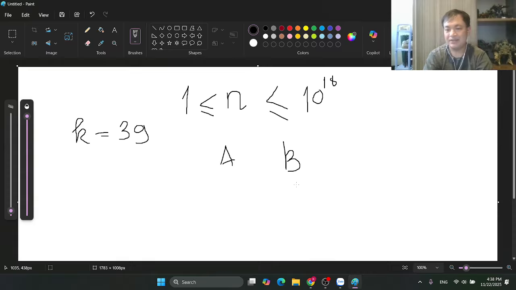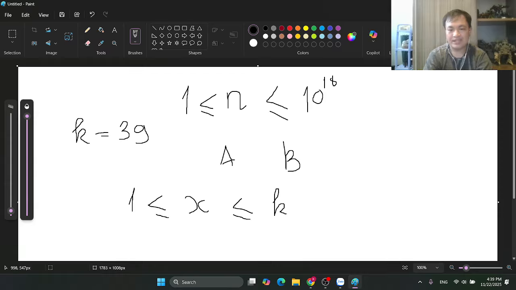You have n stones, and A goes first. When a player takes stones, they take s stones, from 1 to k.